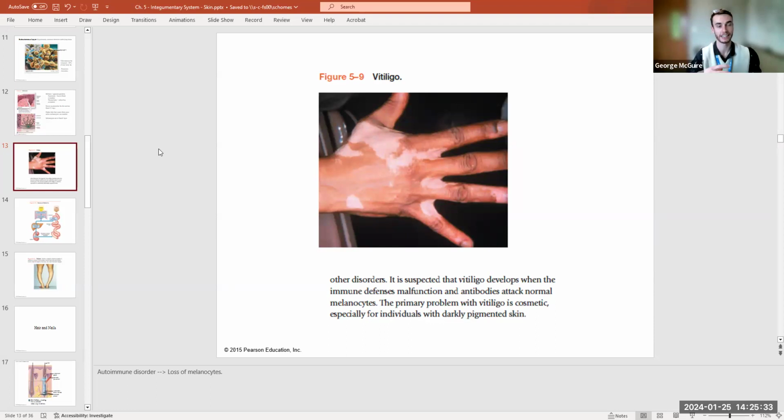And so they are attacking those melanocytes and destroying them in particular areas. It's not ubiquitous. It doesn't go across the entire body, or in the cases that it does, that's where we get albinism, I don't know if that's correct. But for vitiligo, it is just destroying in particular areas, and thus you don't get any melanin production in that area, causing those splotches of skin that you see in that image here.